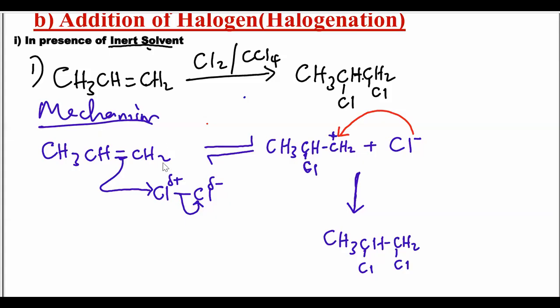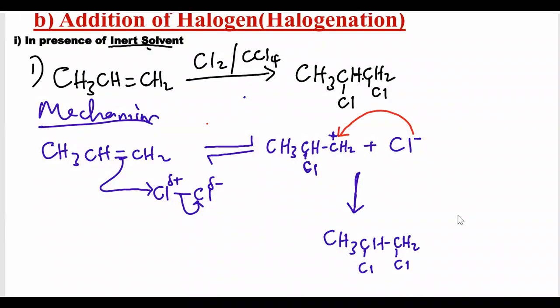Anyone with a question? And since we know this, what if someone at the first point put this chlorine on the first carbon atom? Ruth? Yes, teacher. What if that chlorine was put on the first carbon atom, in the case of propene, then the positive charge would be on the second carbon atom.